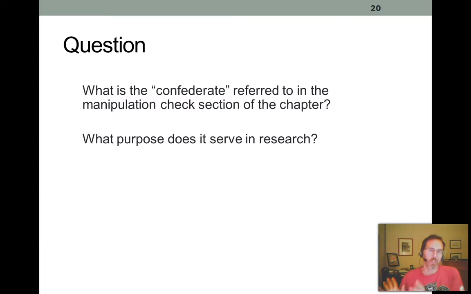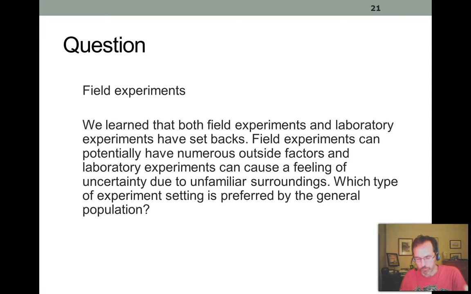And it might be that that other person is working with me. They're an actor working with me. That's what we mean by a confederate, working with the laboratory or working with the person running the experiment. And often we don't tell the person taking the experiment, the subject of the experiment, that the confederate is working with us until later.